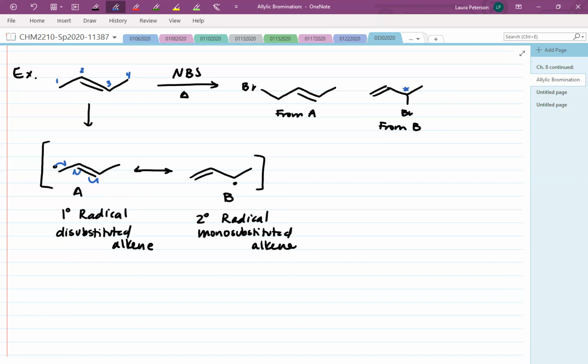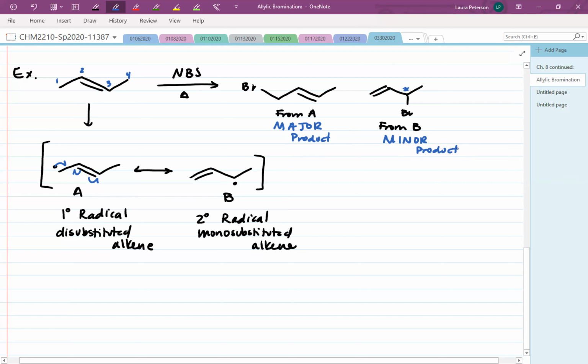Okay, so what if I told you that product A is the major product and B is the minor product? What would that tell you? Which factor is more important, the substitution of the radical or the substitution of the alkene? It's the substitution of the alkene that ends up being more important.